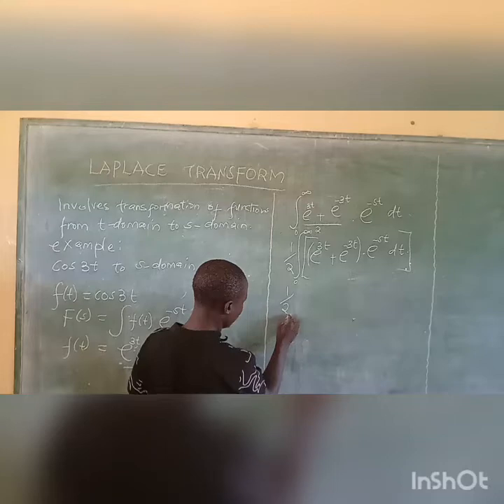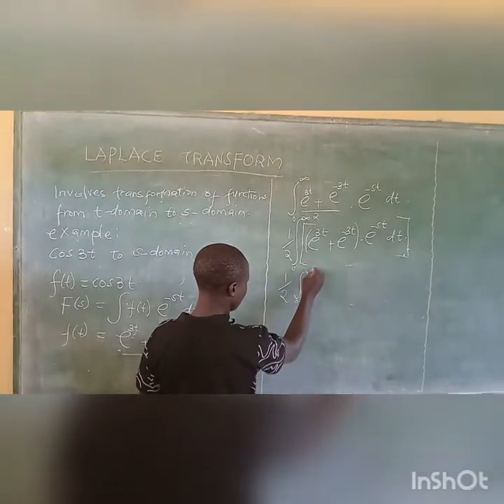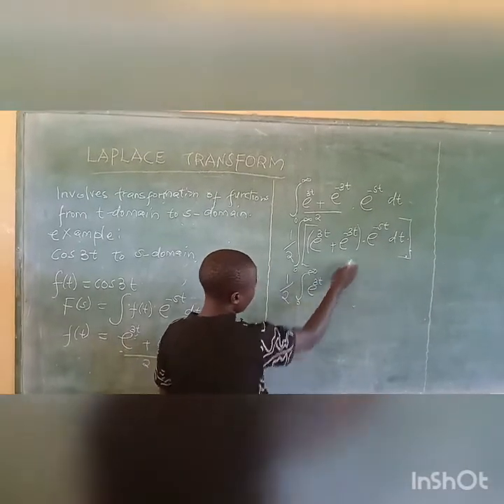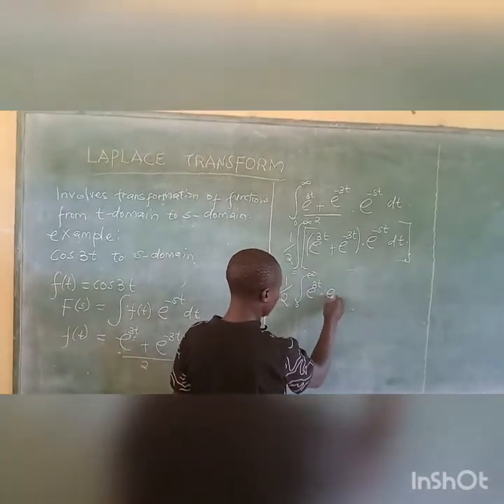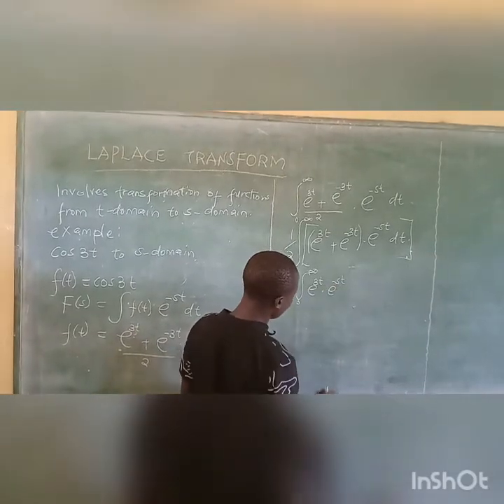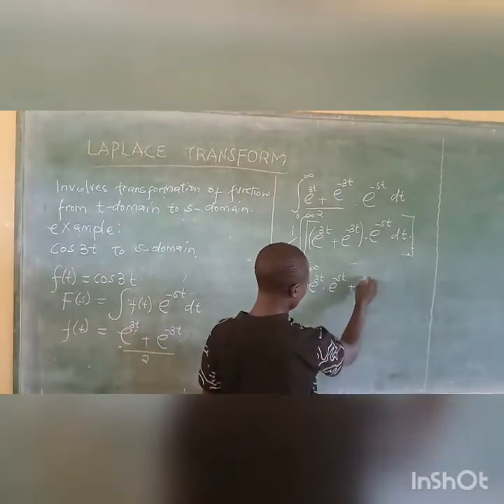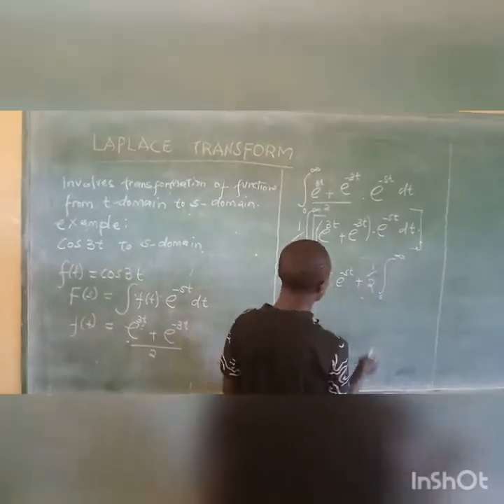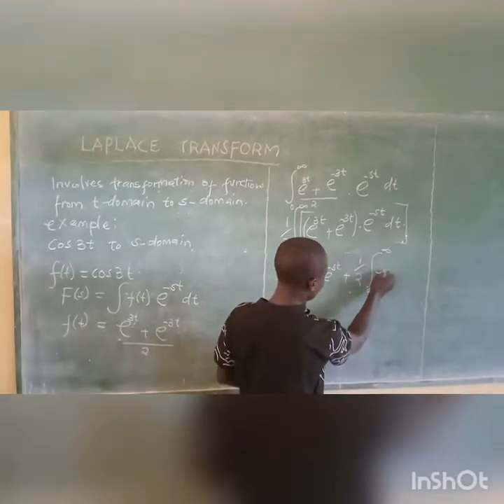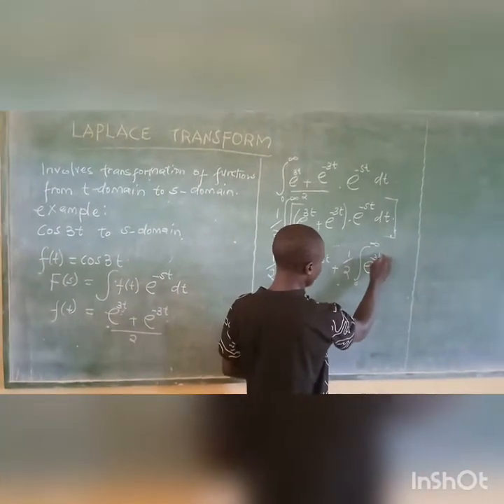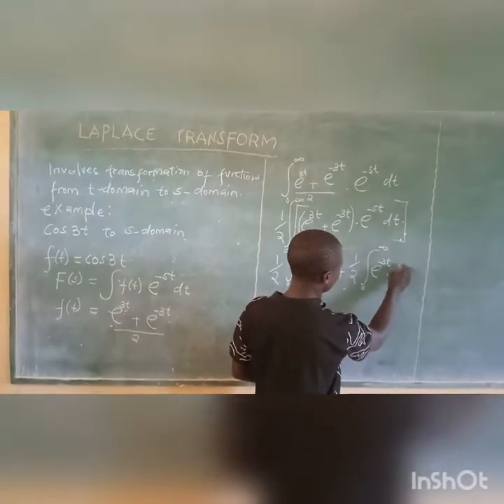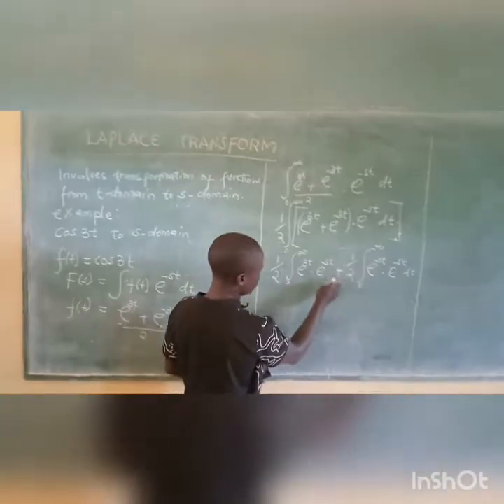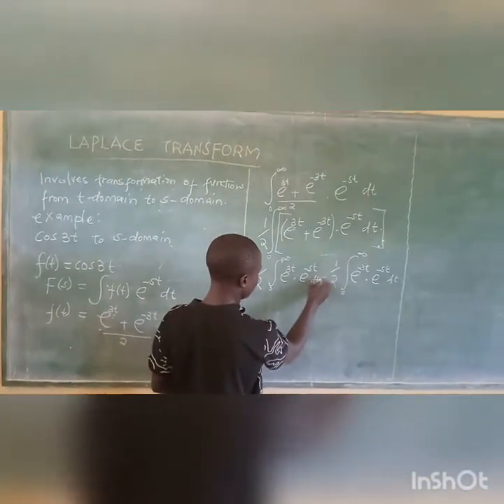So it is a half integrating from 0 to infinity exponential 3t by exponential negative st, plus a half from 0 to infinity exponential negative 3t by exponential negative st with respect to dt. I forgot to put dt here, you are integrating with respect to t.